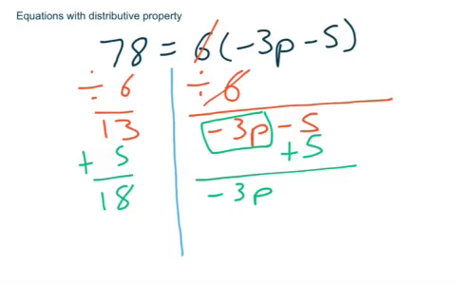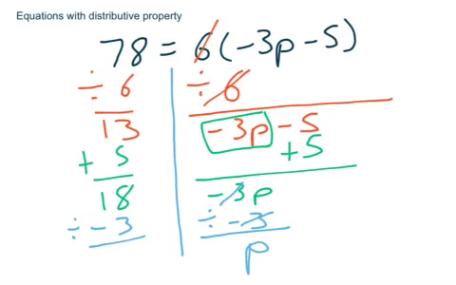Since I have a negative 3p, I'm multiplying p by negative 3, so I'm going to do the opposite. I'm going to divide by the negative 3, leaving the p. Those will cancel, and I'm left with p and a negative 6. So notice I got the same answer.